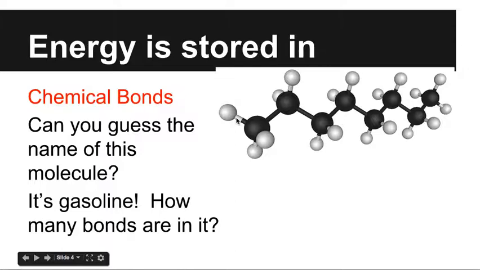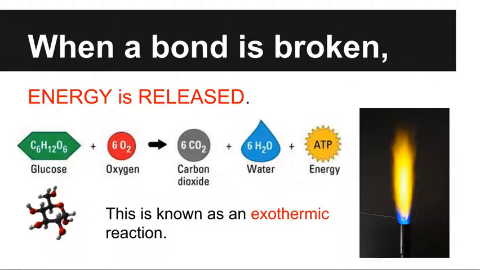I'll give you a few seconds here. Each line between each atom represents a new bond. If you've counted them all up, you should get to about 25 bonds. Each one of these atoms is connected to another atom. That connection is a chemical bond. As you probably already know, gasoline, or octane, has a lot of energy.